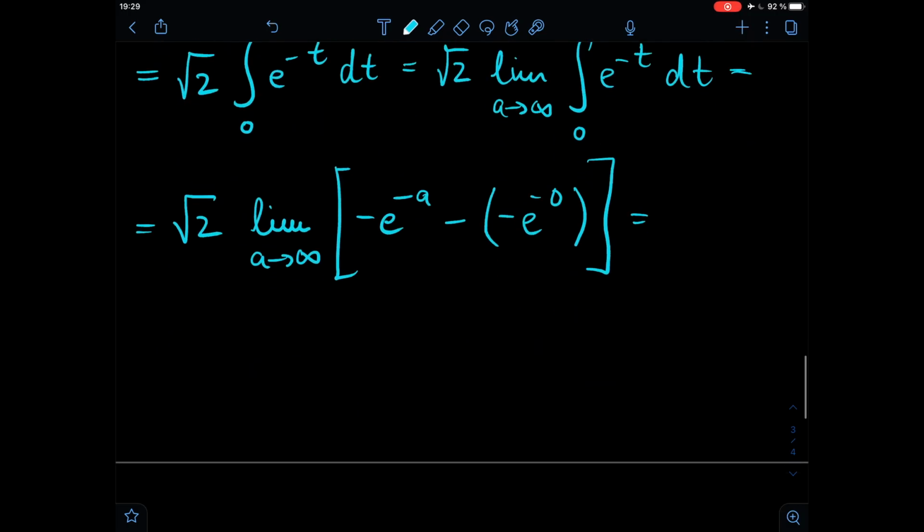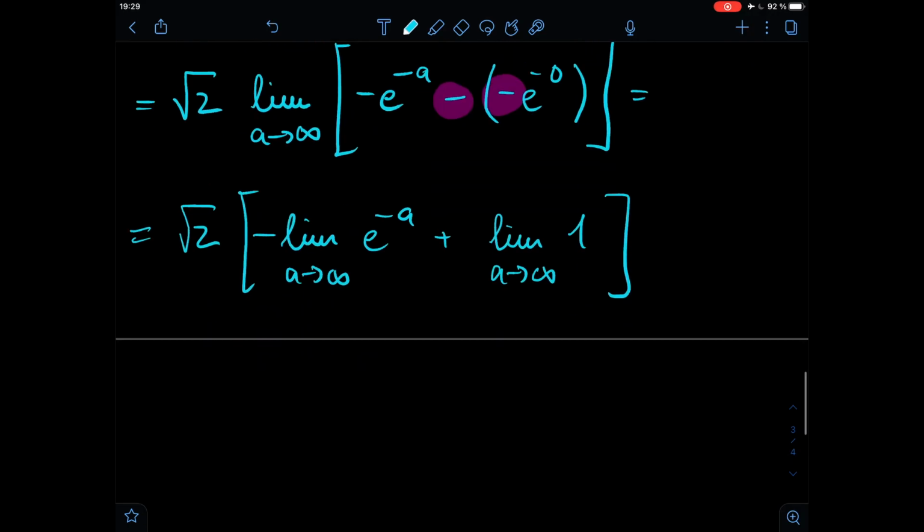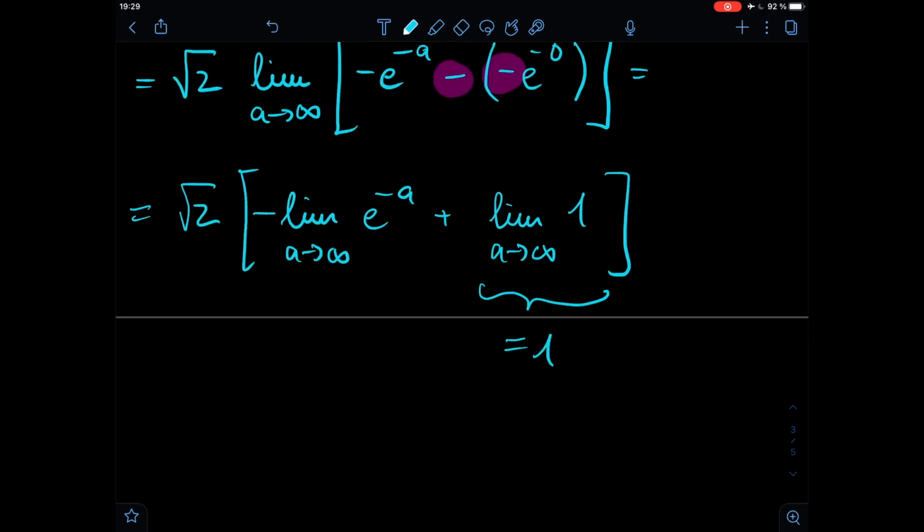So this is also quite simple, because this gives us a plus, and e to the power of minus 0 is 1, and we will have simply the limit of a going to infinity of e to the power of minus a plus the limit of a going to infinity of 1. So this of course is 0, and this of course is 1. So the only thing that we are left with is the square root of 2.